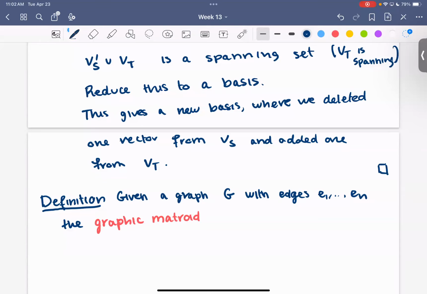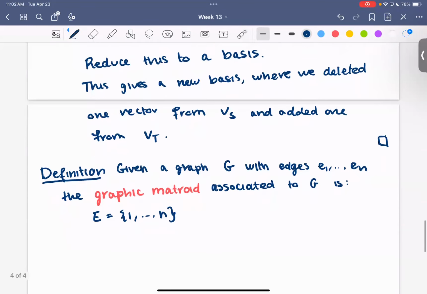The graphic matroid associated to G is going to have as its ground set, again, just the numbers 1 up to N. However many edges there are in the graph, that's what E will be.